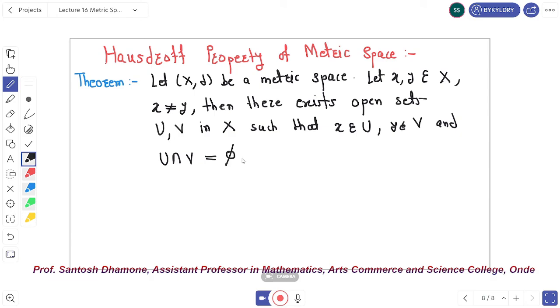This theorem is known as the Hausdorff property of metric space.